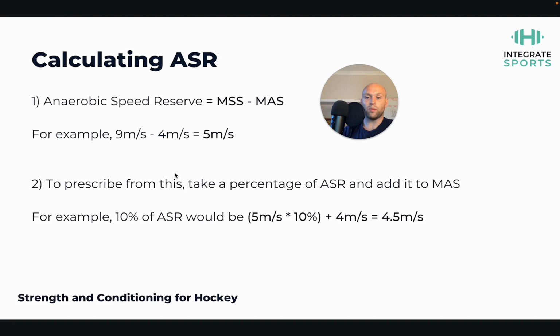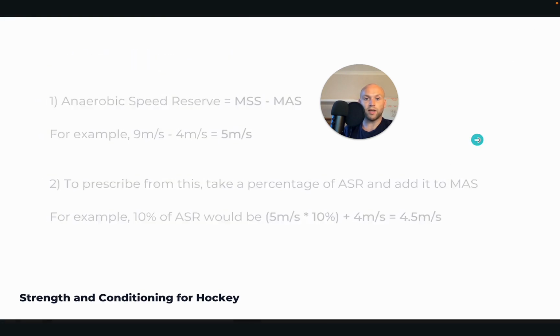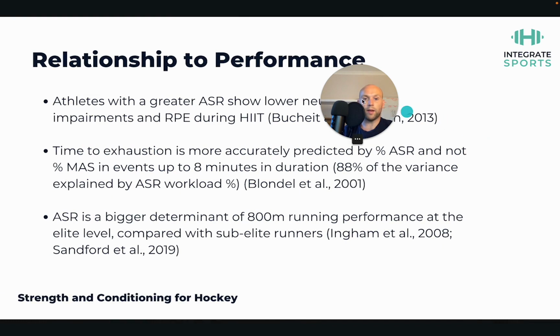So for example, if you wanted to run at 10% of anaerobic speed reserve, this would be 5, which is their zone, times 10%, add on their maximum aerobic speed score, and that will give you a running speed to aim for. So for example, if you're going to do 30 seconds at 10% of anaerobic speed reserve, you then do 30 times 4.5 to give you a more accurate prescription. But again, I'll visualize this to make your life a little simpler in a second.